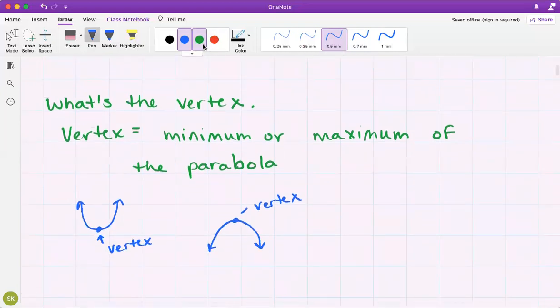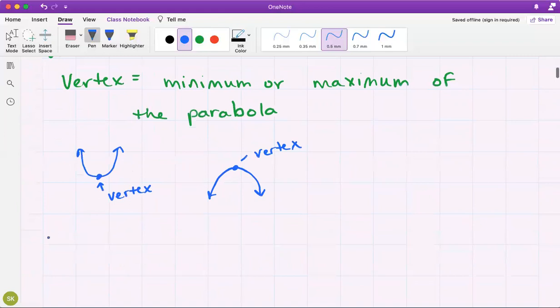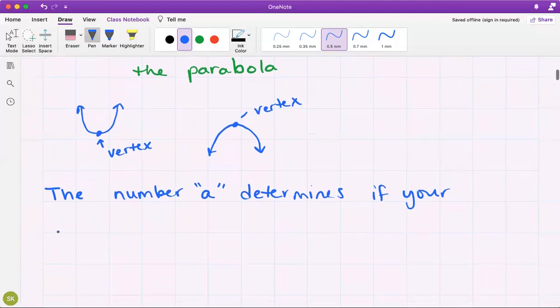So let's write that down. The number A determines if your parabola is pointing upwards or downwards.